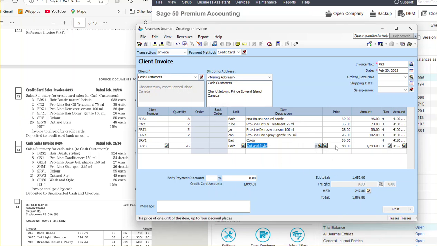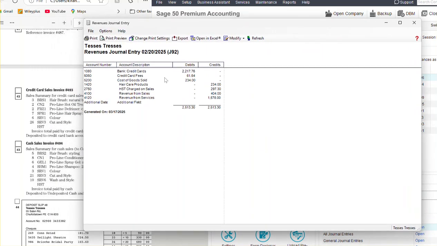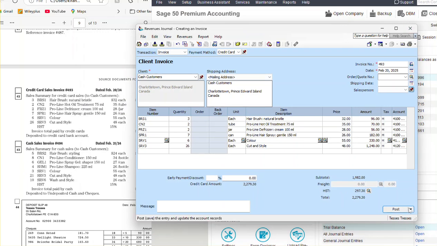So let's see. Oh, SRV1 was 6. Let's display one more time, to see if it is right. Seems like a right entry to me.